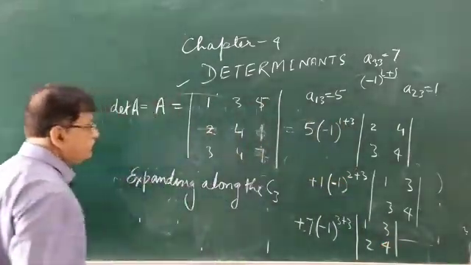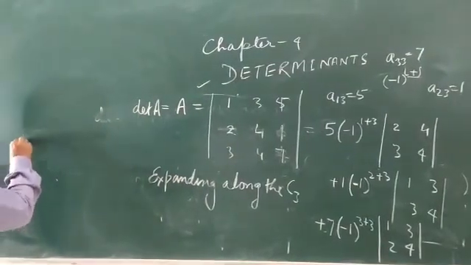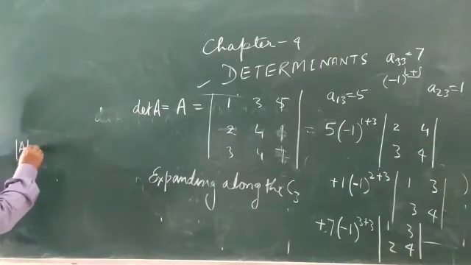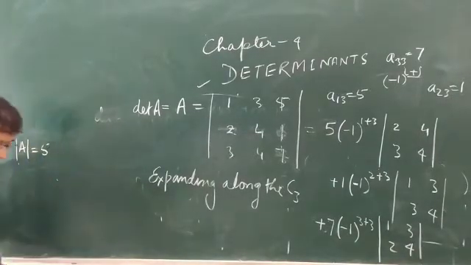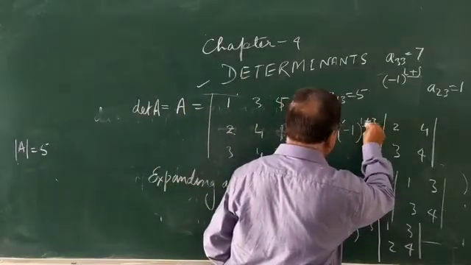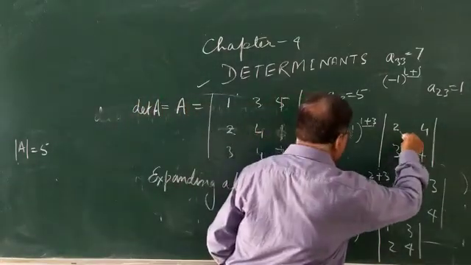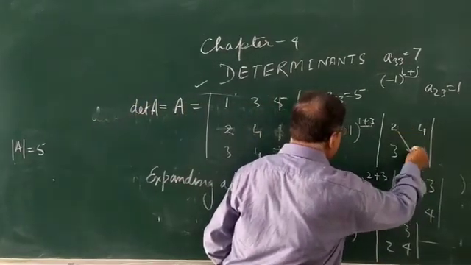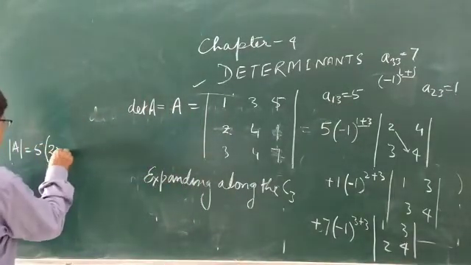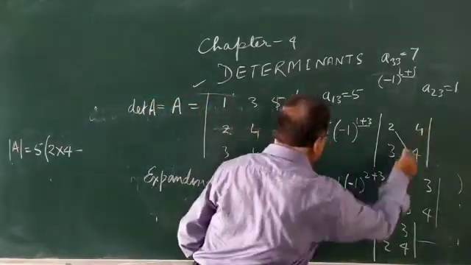Now see what will be the value of this determinant. Calculate it. 5, and minus 1 to the power 1 plus 3, that is 4, that is even, so it is positive. Then open this 2 by 2 determinant: 2 into 4 minus 3 into 4.